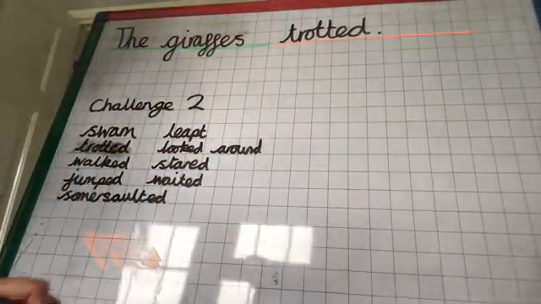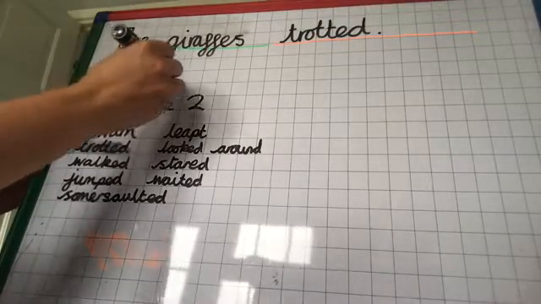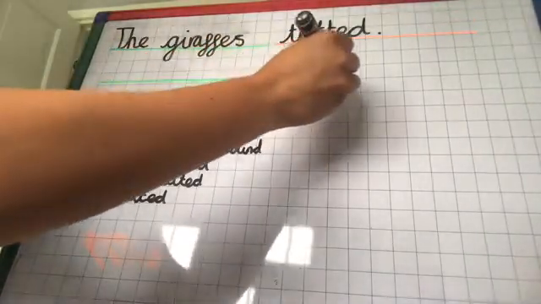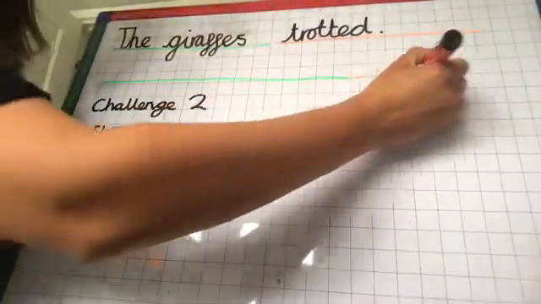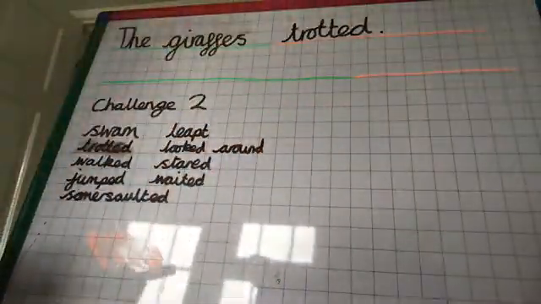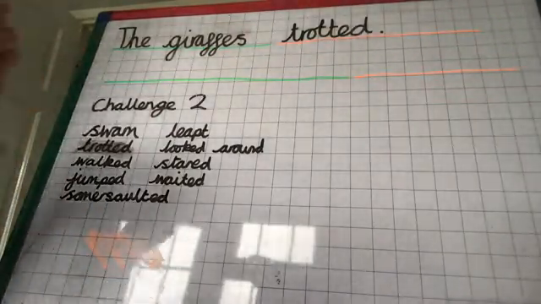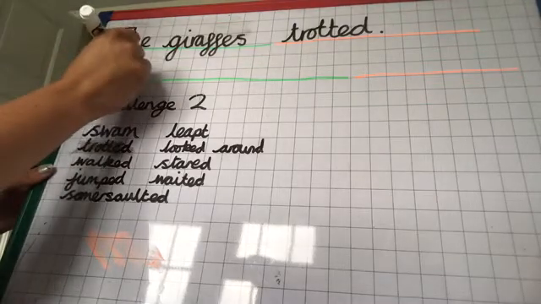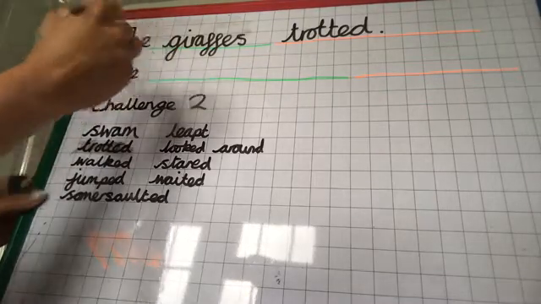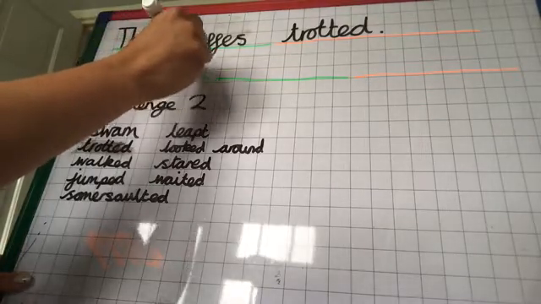Okay, and my second sentence, we're going to write 3 in total. I'm going to draw my long line for subject. I'm going to do it a bit longer this time. And my line for the predicate. There we go. And again, the subject is the giraffes. So, and this time I'm going to write the spotty giraffes, just to make it a little bit better.